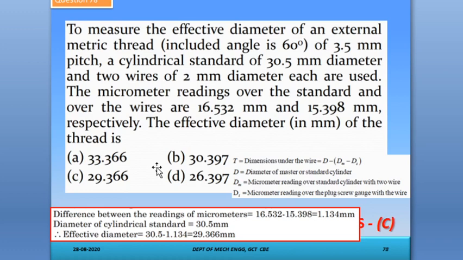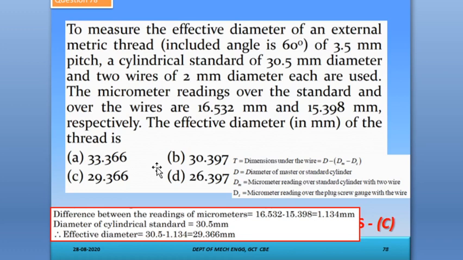The micrometer readings over the standard and over the wires are 16.532 and 15.398 millimeter respectively. The effective diameter in millimeter of the thread is to be found. Here alpha angle 60 degree is given, pitch value P equal to 3.5. It's a 2 wire method.